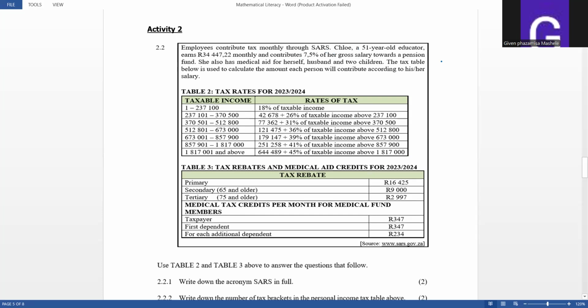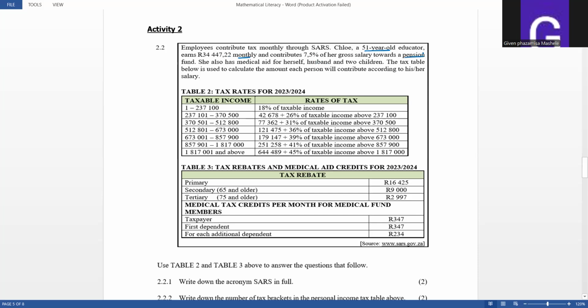Chloe is a 51-year-old educator who earns 34,447.22 monthly and contributes 7.5% of her gross salary towards pension.